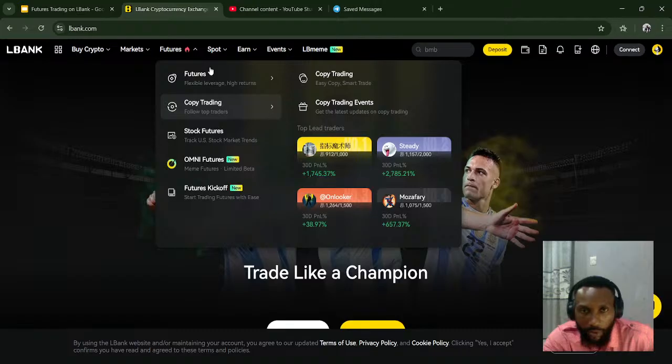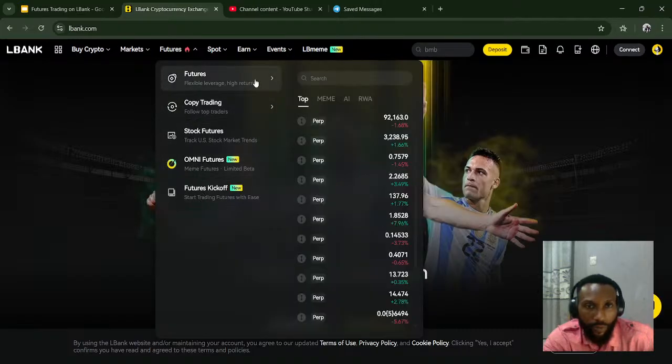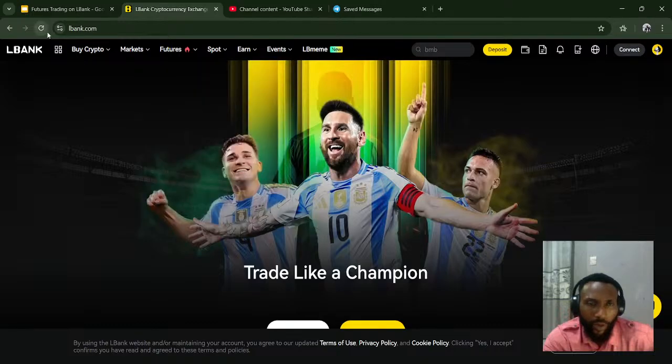I don't know what this is showing. Okay, I think it didn't load properly. It's supposed to show the different cryptocurrency pairs. Let me try reloading it to go properly this time. Let's hold on and wait for that.